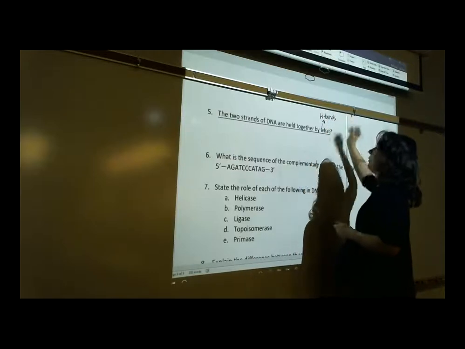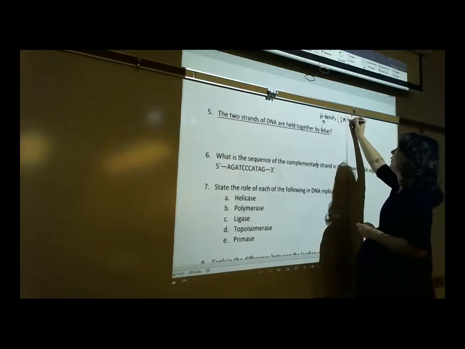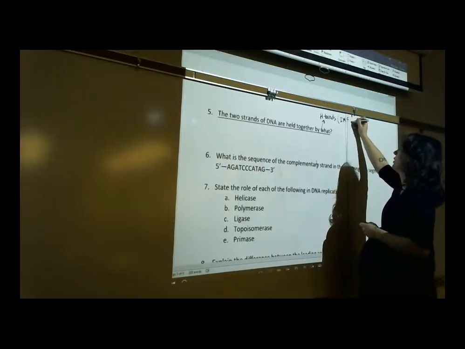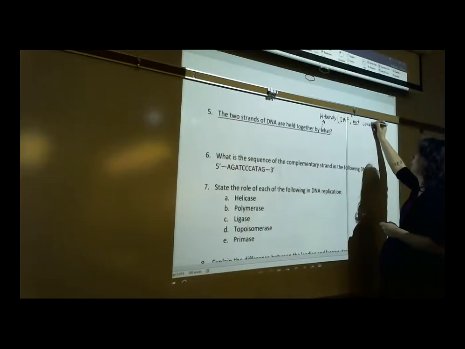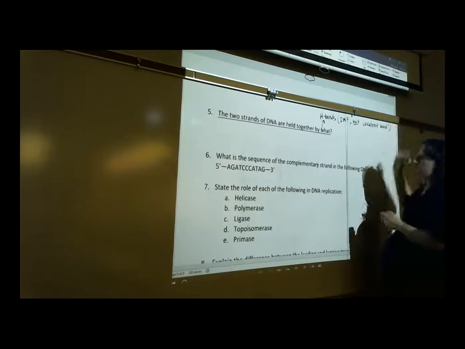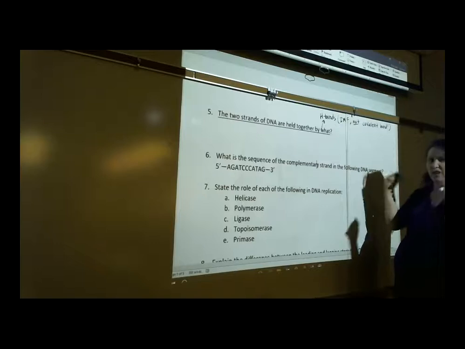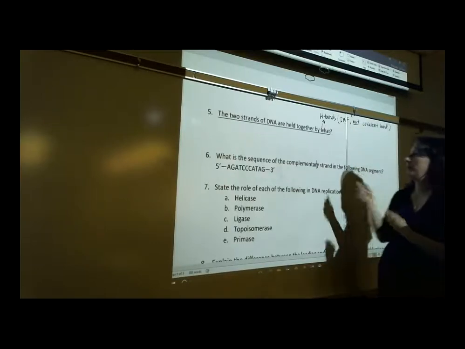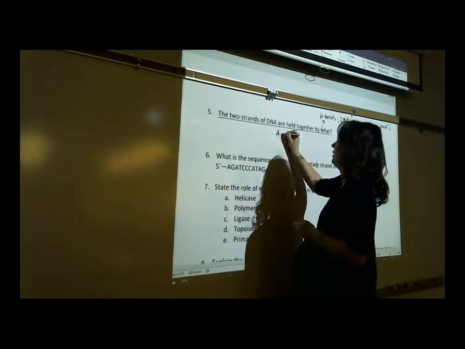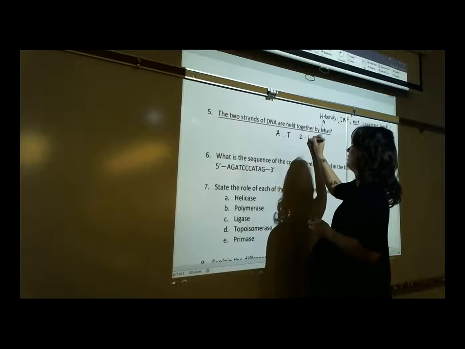And that's significant because hydrogen bonds are an IMF, intermolecular force, not a covalent bond. A lot of textbooks show DNA as like these ladder rungs, like it's just rock solid. But it's actually held together by intermolecular forces. A and T, that's 2 hydrogen bonds.